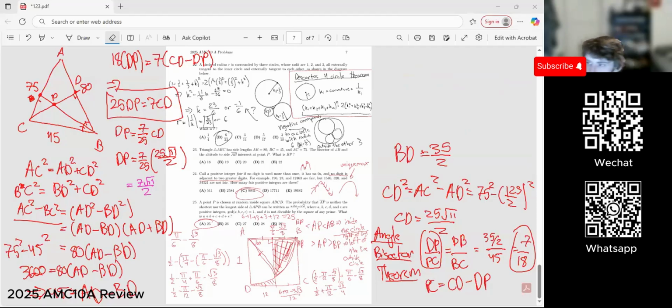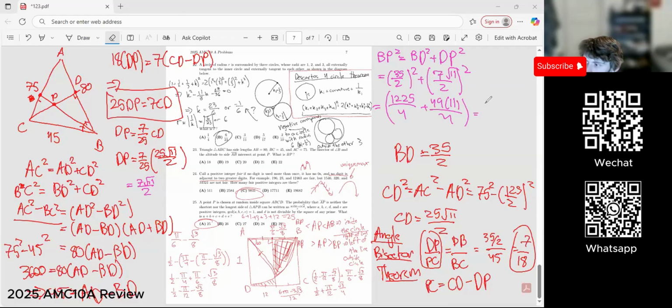We know that BP squared is equal to BD squared plus DP squared, which is 35 over 2 squared plus 7 root 11 over 2 squared, which is equal to 1,225 over 4 plus 49 times 11 over 4, which is equal to 1,764 over 4, which is equal to 441, which is 21 squared. So BP is equal to 21, which is D.